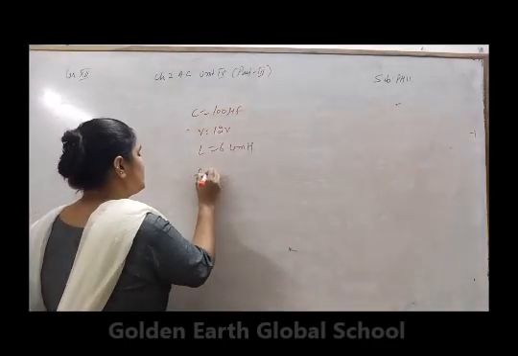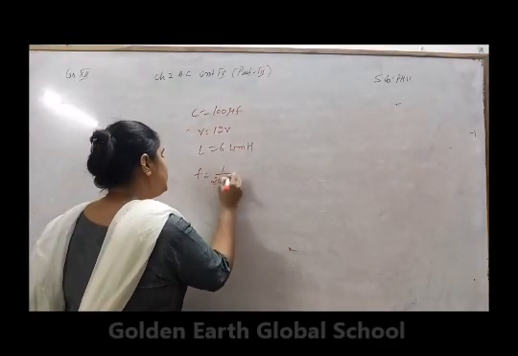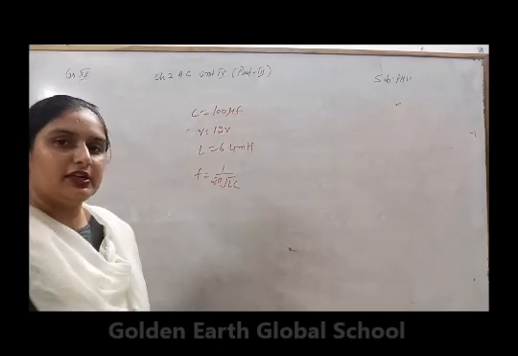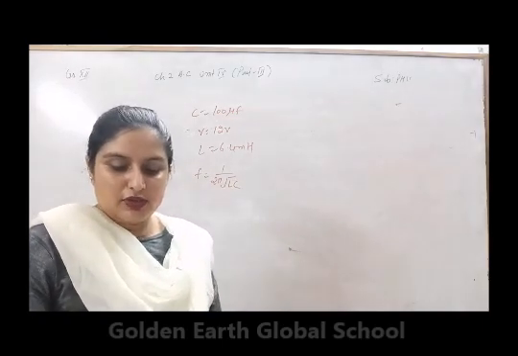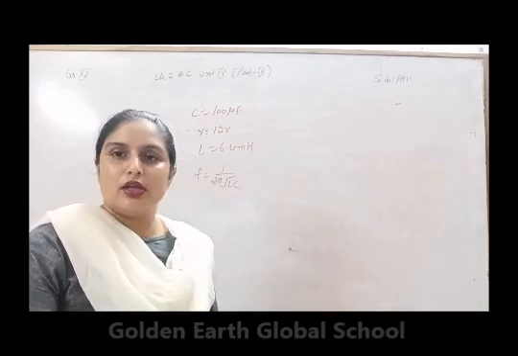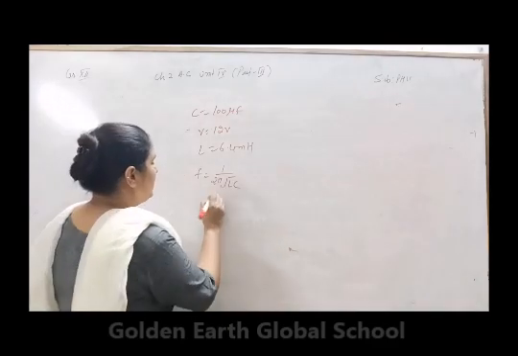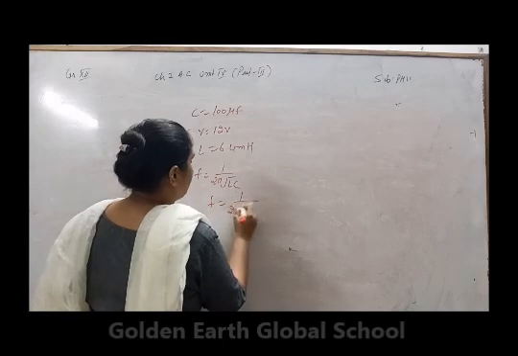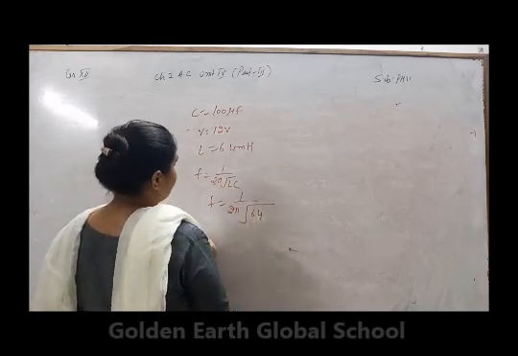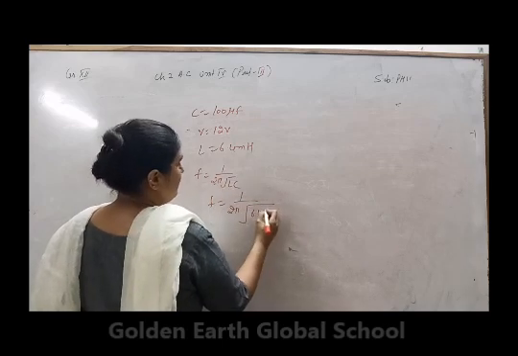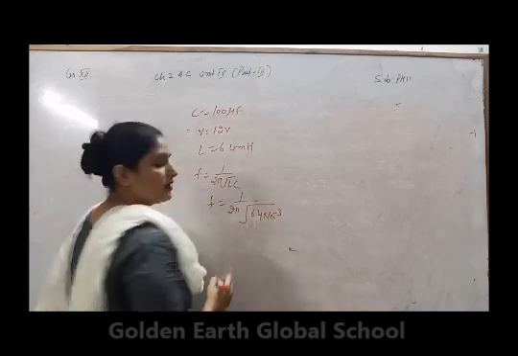This question is based on the LC oscillation, and in that case frequency of oscillation is given by F is equal to 1 by 2 pi under root LC. All values are given. F is 1 by 2 pi under root L, L is 6.4 millihenry, that is going to be converted into Henry.